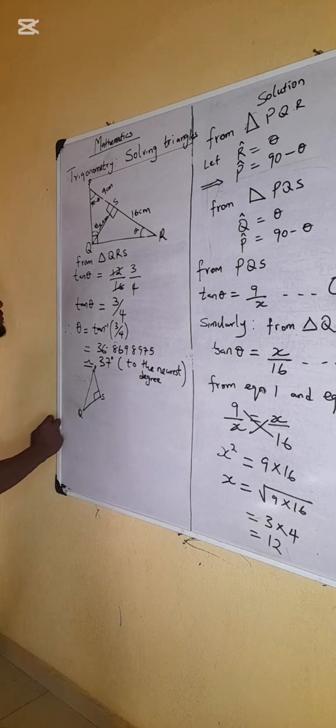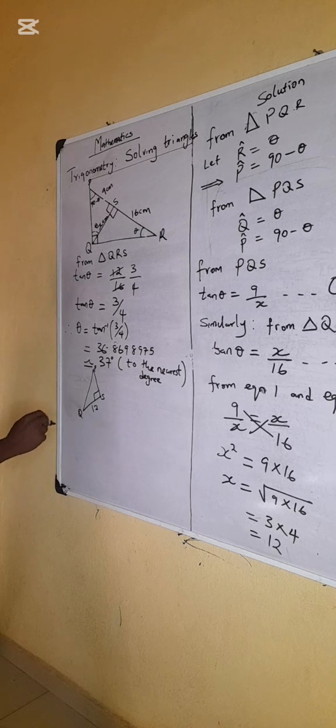If you observe, we've gotten QS to be 12, and then PS to be 9. So we can now get PQ. PQ is the hypotenuse, the side facing the 90 degrees.